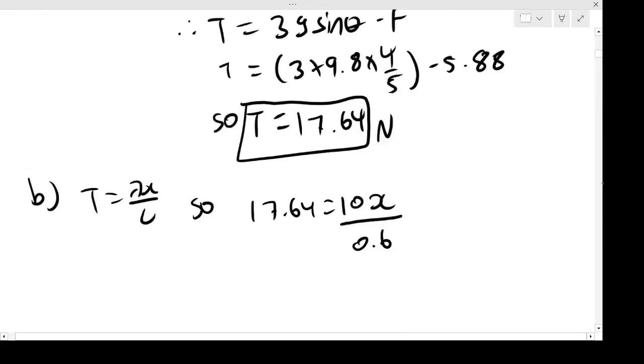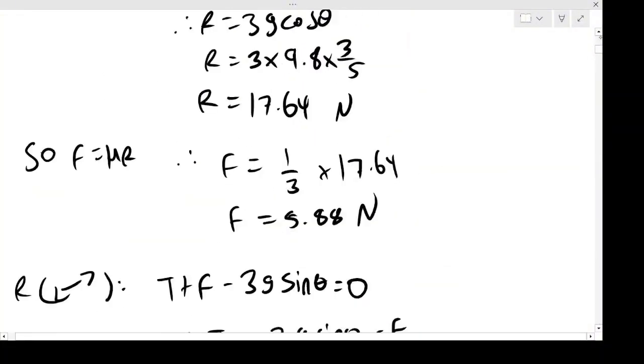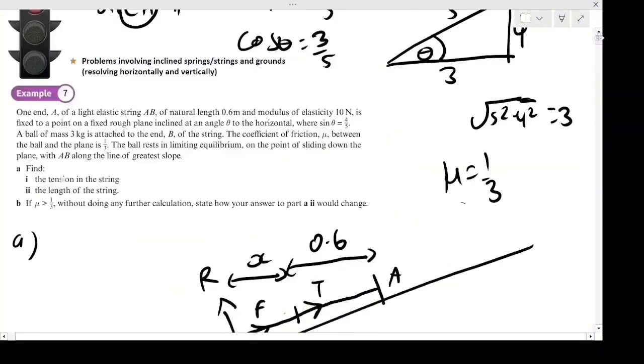So therefore I can solve for X. So that means 10.584 is 10x. Therefore X, my extension, is going to be 1.0584 meters. But they've not asked me for the extension, they've asked me for the length.